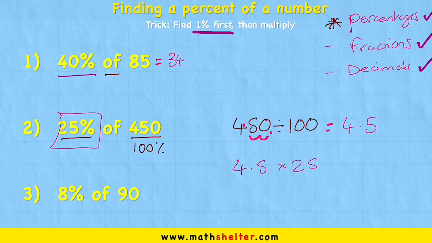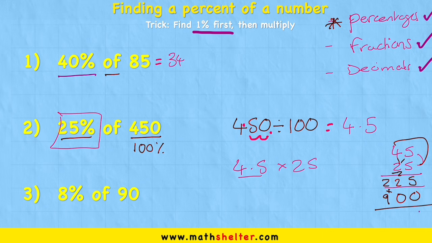And again, just for now, let's forget it's a 4.5 and just do 45 multiplied by 25. 5 times 5 is 25. 5 times 4 is 20, plus my 2, 22. Now it's time to multiply this 2. 2 times 5 is 10, and 2 times 4 is 8, plus my 1, 9. Now I can add it up. 5 plus 0 is 5, 2 plus 0 is 2, 2 plus 9 is 11.